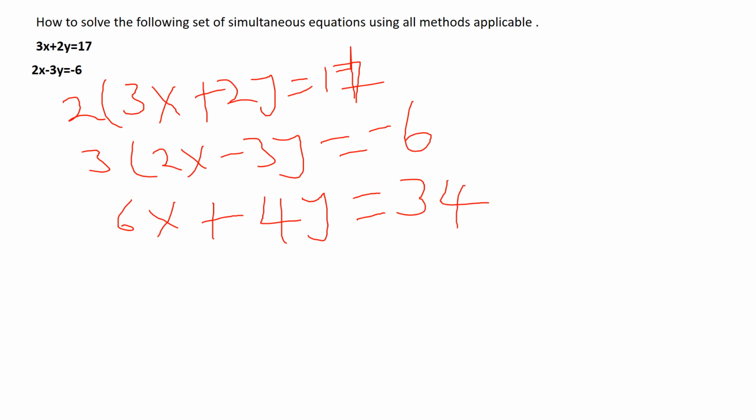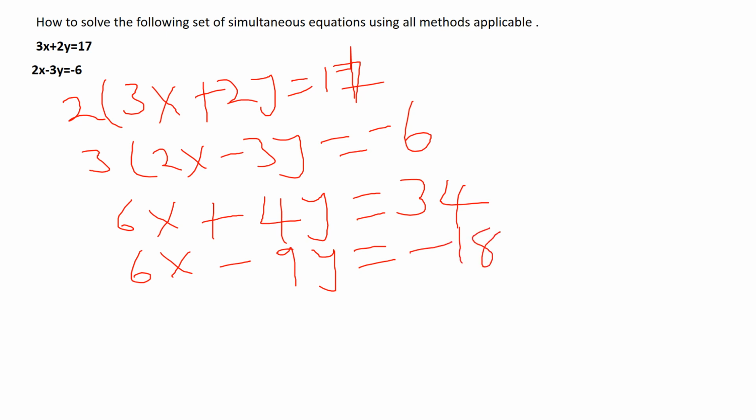Remember, the 2 multiplies the whole equation. For the second equation, 3 multiplied by 2x becomes 6x, then minus 3 multiplied by negative 3y becomes minus 9y, equals 3 multiplied by negative 6, which is negative 18.